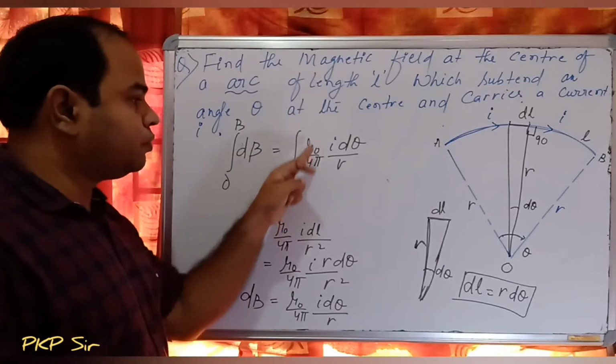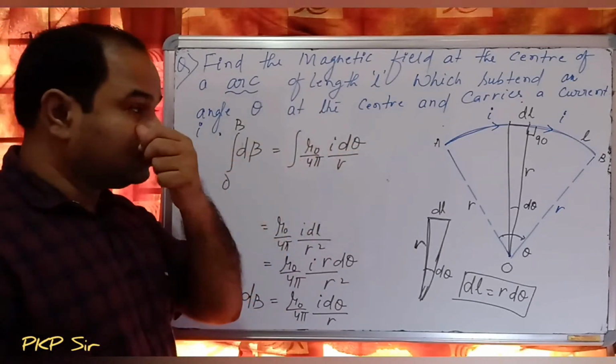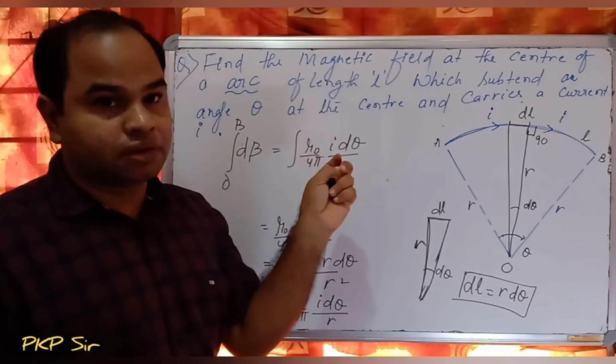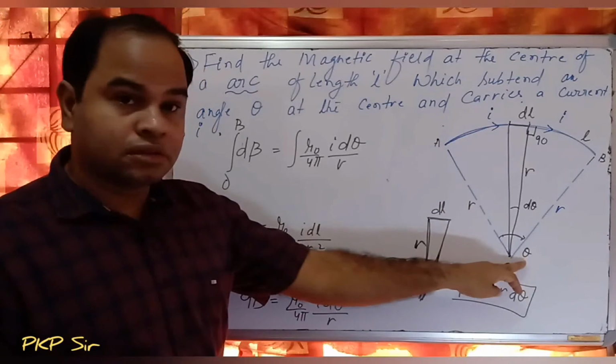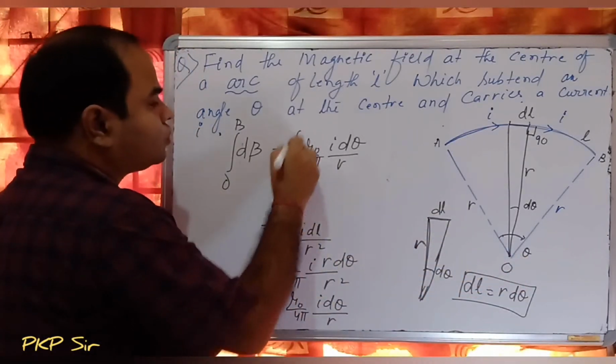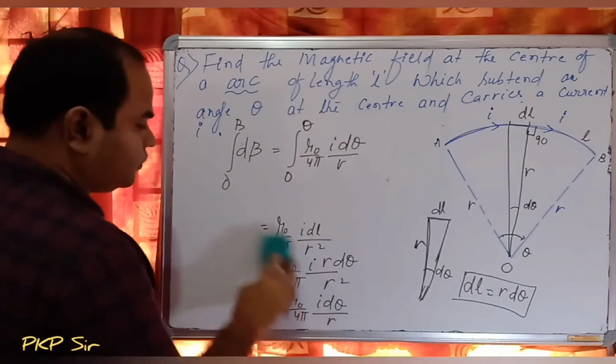Mu naught by 4 pi I by r is constant, the variable is theta. We have to express the length in terms of theta, the total angle is theta, so we have to integrate from 0 to theta.